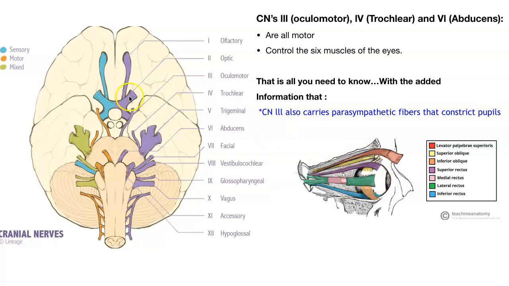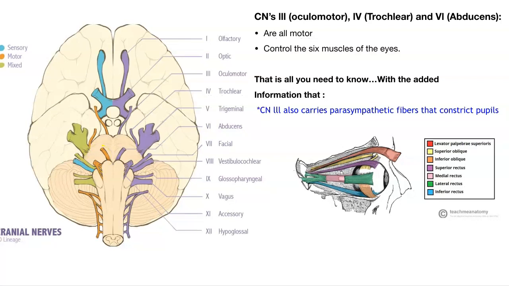So where are they? So here's 1, here's 2, here's 3, 4, and 6. So 3 and 6, they're right across from each other on the pons. Here's your pons. 3 and 6, the oculomotor and abducens. And then here's number 4, the trochlear nerve. So 3, 4, and 6 all control eyeball muscles. They're all motor.